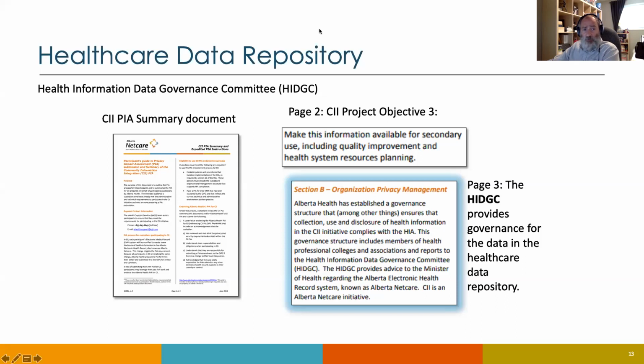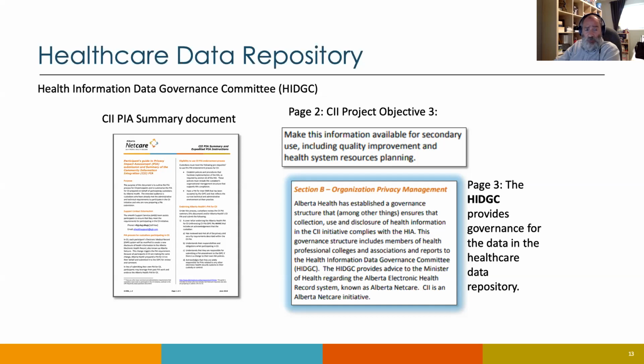covers what is the healthcare data repository, and more importantly, who is responsible for deciding what happens with this information. Quite often a physician will say, what is this healthcare data repository, and who's doing what with the information? The information is there for secondary use, for quality improvement and health system resources planning.